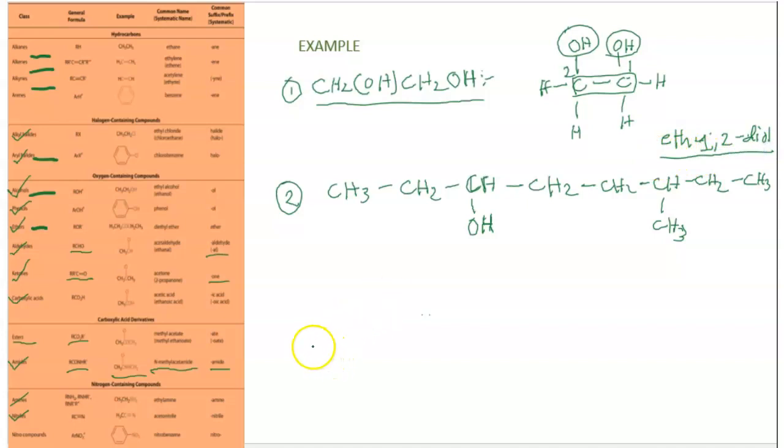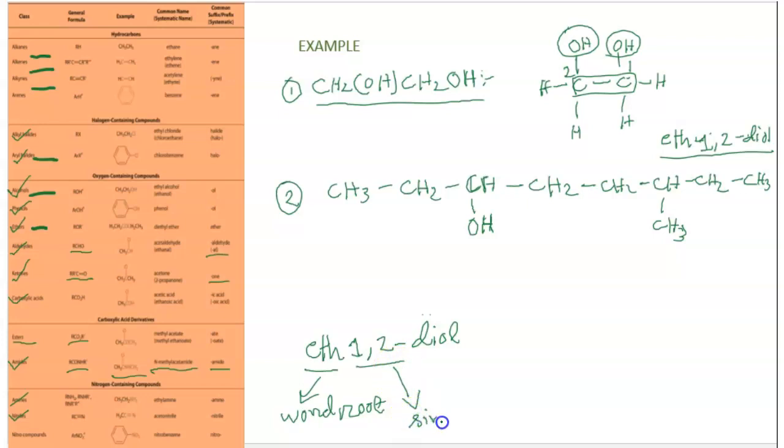So let's start. I will write eth 1,2 diol. So friends, I discussed that this is the eth. What does eth mean? Word root. We need to know the word root. And this 1, 2 is the single bond.